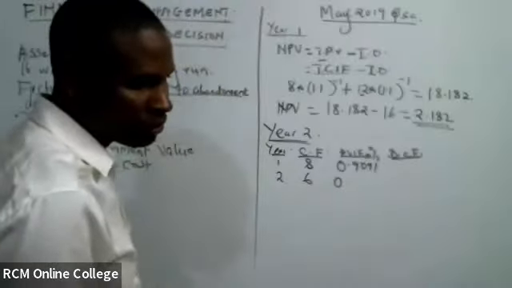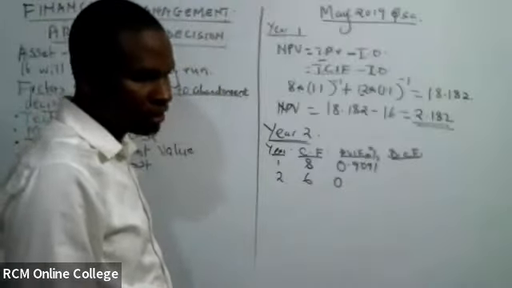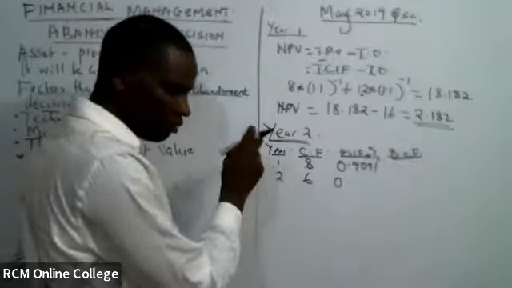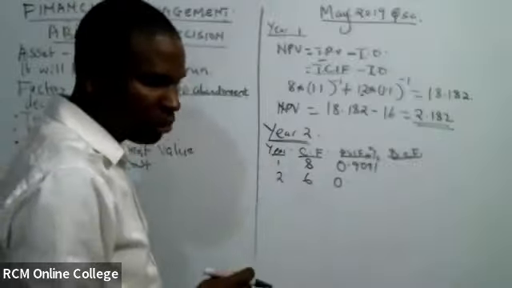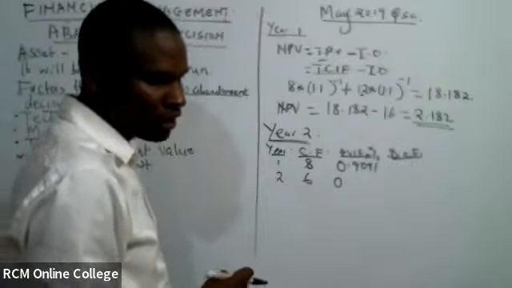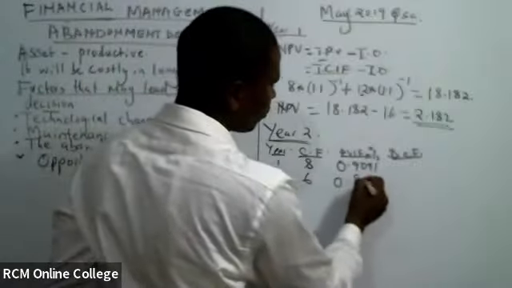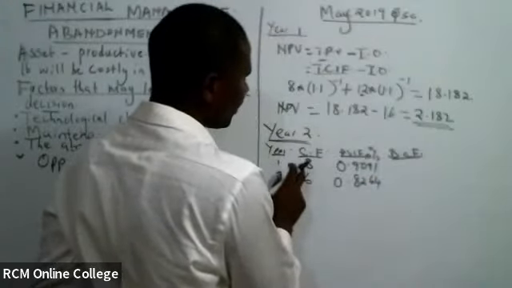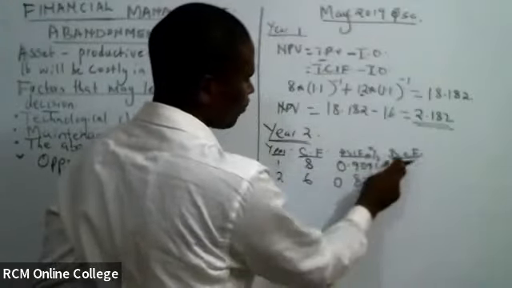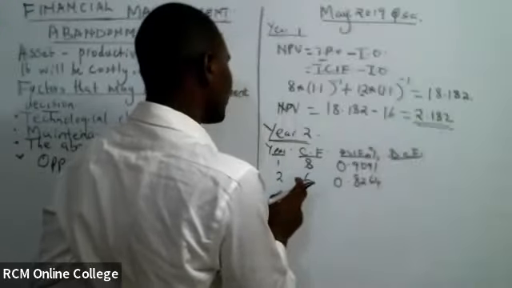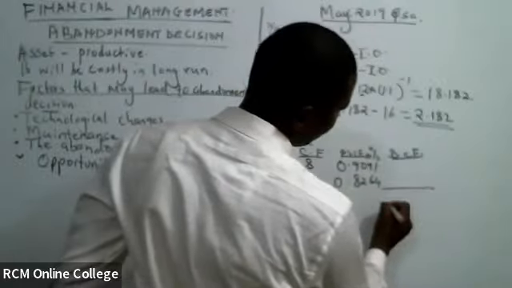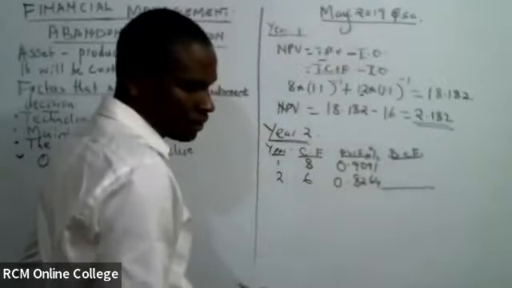How much is the second year? Second year class, how much shall we get? 8264. Now, can you multiply 8 times this so we can get its value, and then 6 times this to get its value, so that we get the total discounted cash flow.